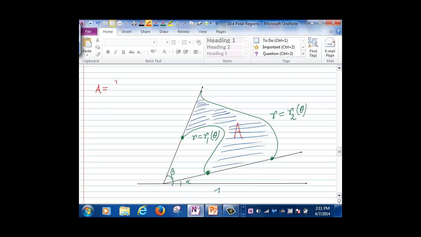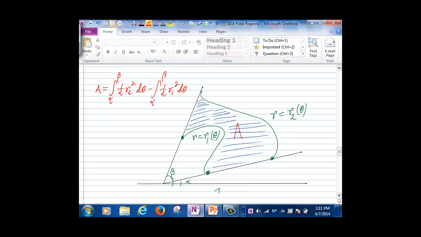So we know that this would be alpha to beta half of R2 squared d theta minus alpha to beta half of R1 squared d theta.